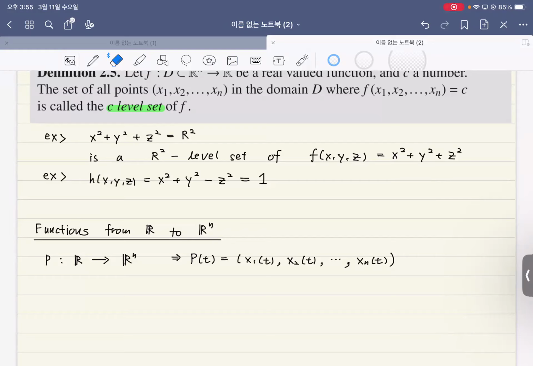You should consider t as time. As time changes, your position in Rn also changes. If you keep track of all these positions, you get a one-dimensional curve, right? It shows how you travel in Rn space as time t varies. This is the reason why we interpret this as a curve.